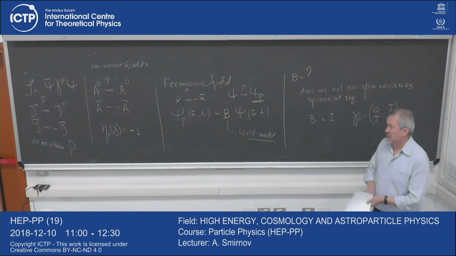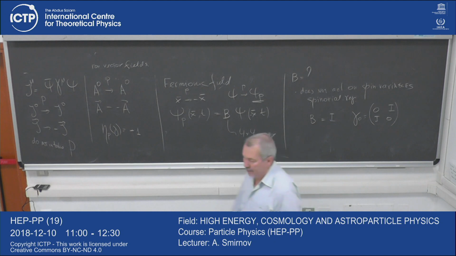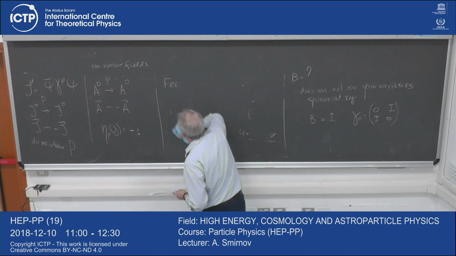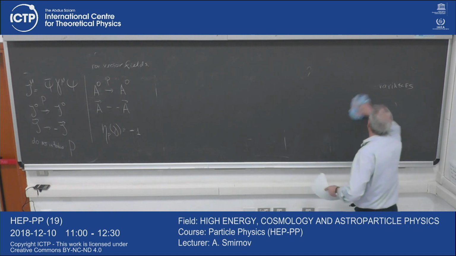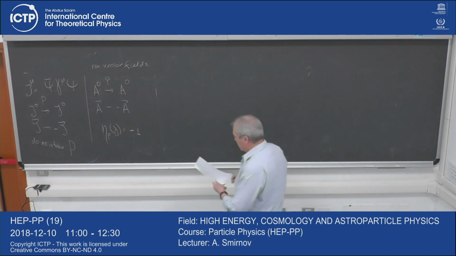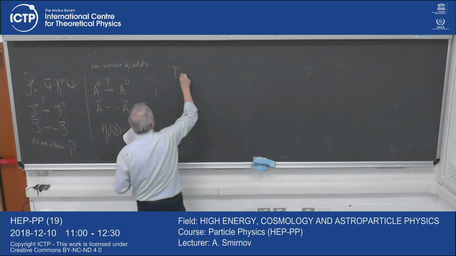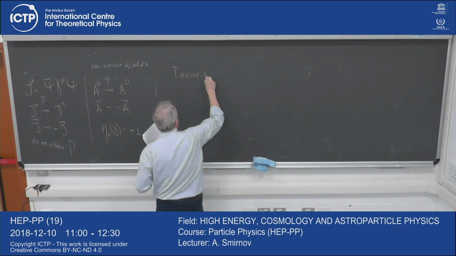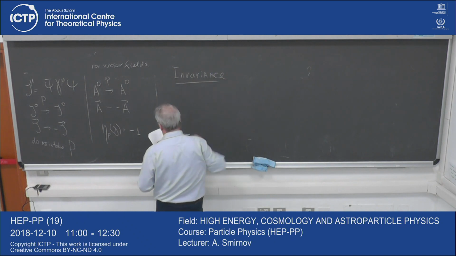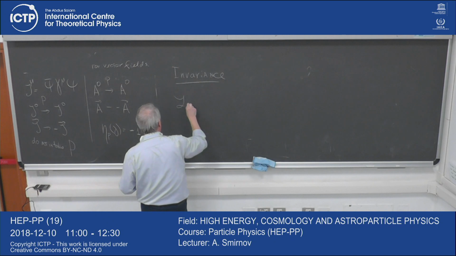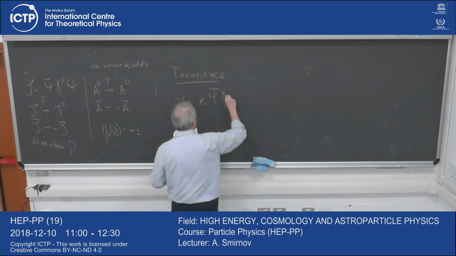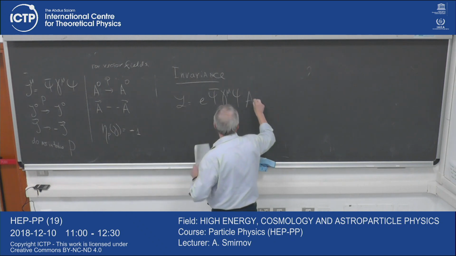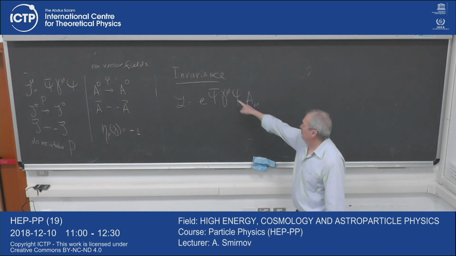Okay? So you can check that electromagnetic interactions are invariant with respect to P transformations. Let me write the invariance. Under P transformations, the Lagrangian of electromagnetic interactions is the electric charge, psi bar, gamma mu, psi, and then the vector field, and we sum over mu.